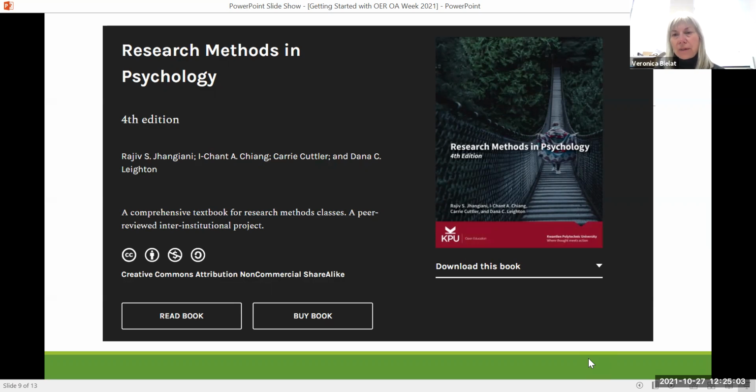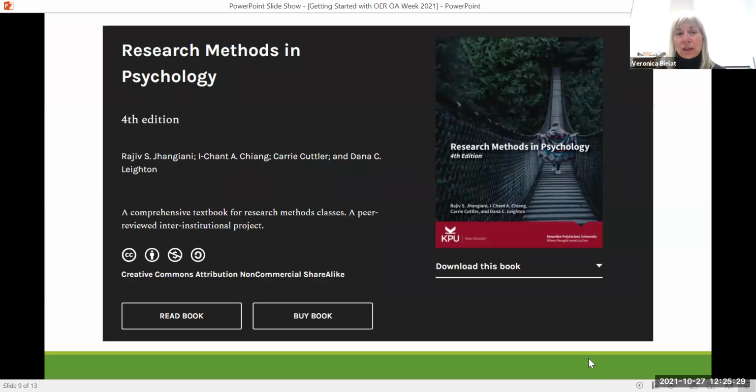She actually fixed some insensitive language. They had taken the commercially published version, and they also removed copyrighted material. And then they developed this 1st edition, and now they are on the 4th edition of this particular text.